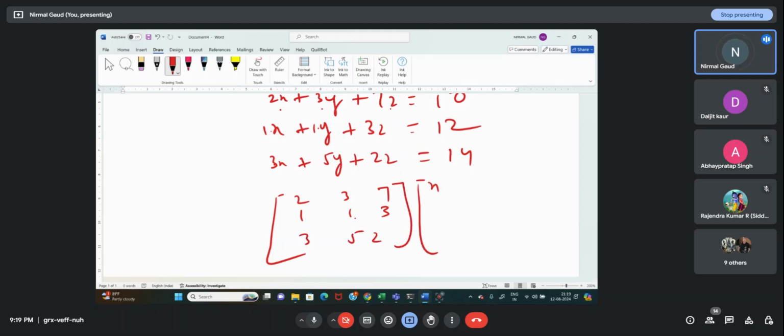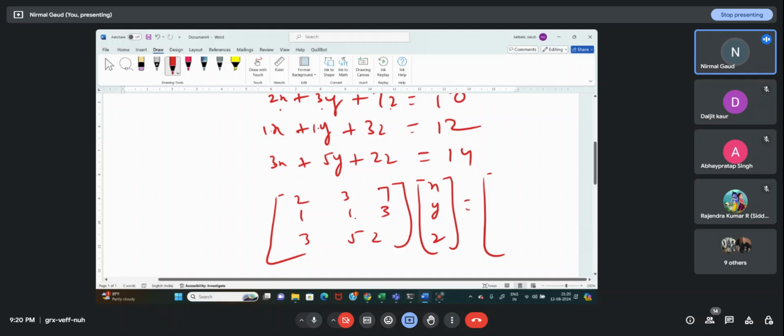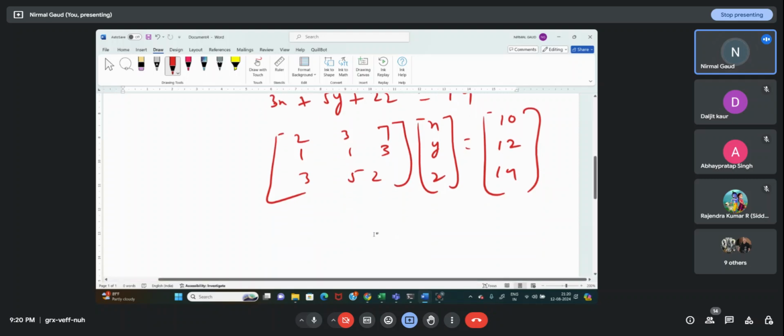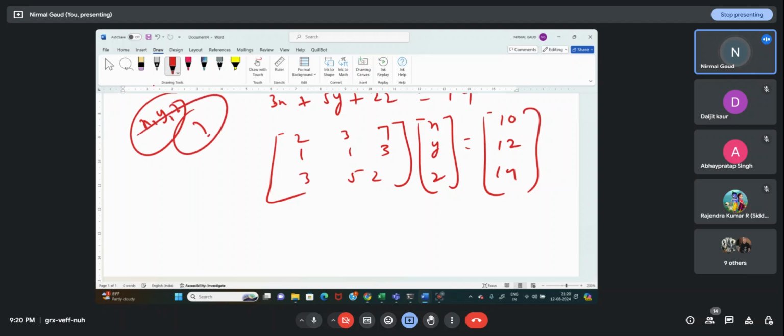Then x, y, z equals 10, 12, 14. That's it. And you have to solve this to find the values of x, y, and z. You have to solve it, and you are done.